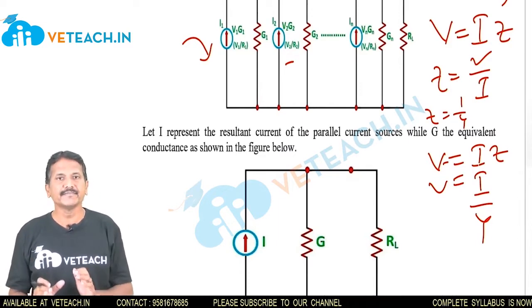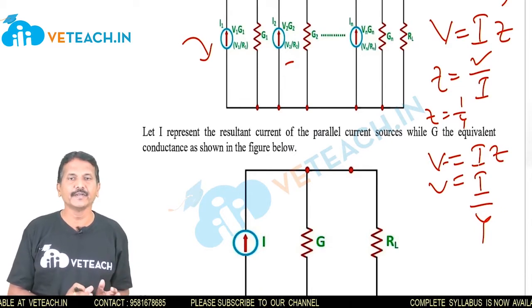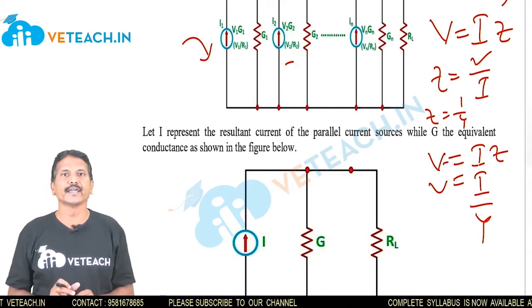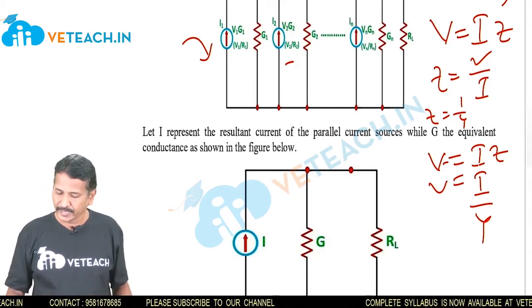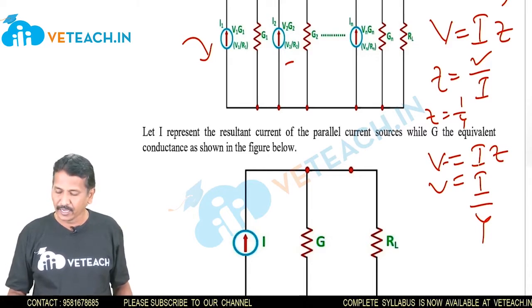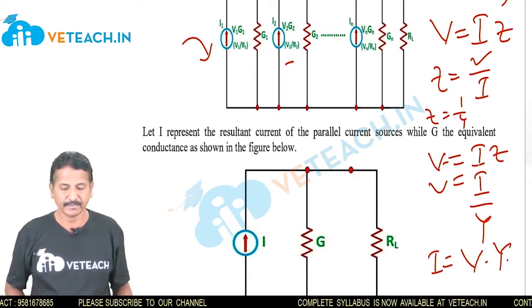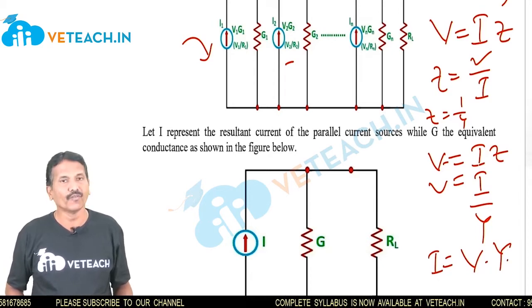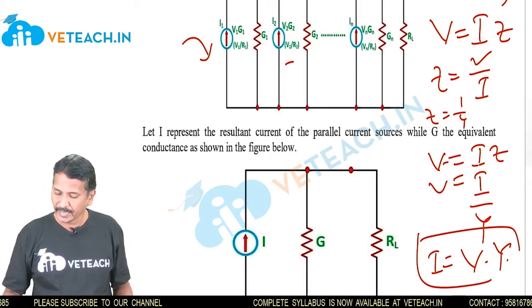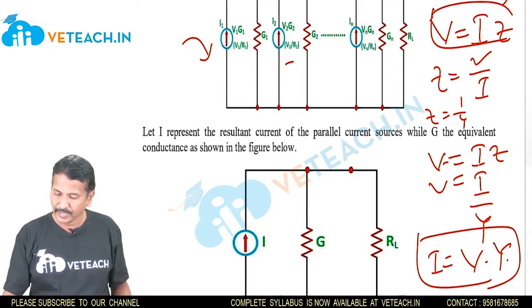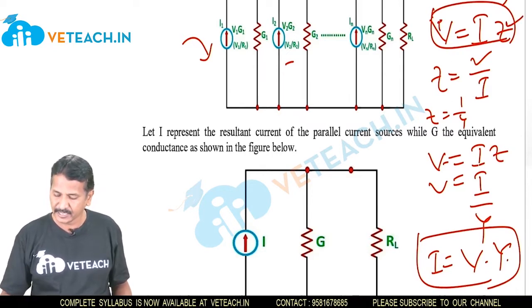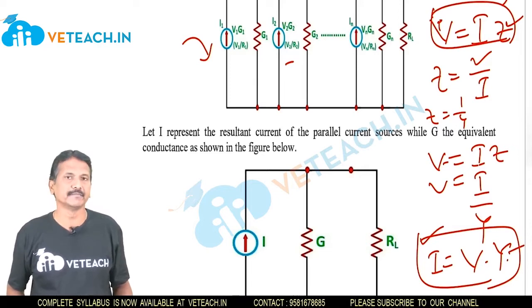In series, we discuss the impedance Z value. In parallel, we discuss the admittance value Y. So V is equal to I by Y, or I is equal to V into Y. So current and voltage: voltage, resistance, current, admittance.